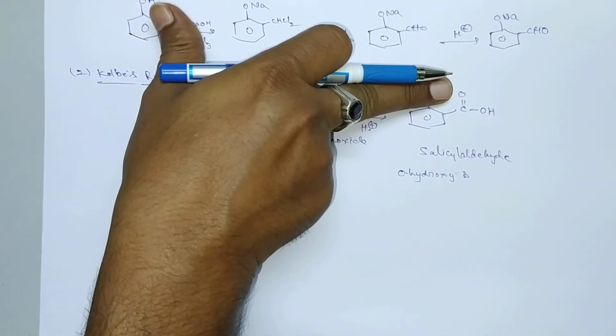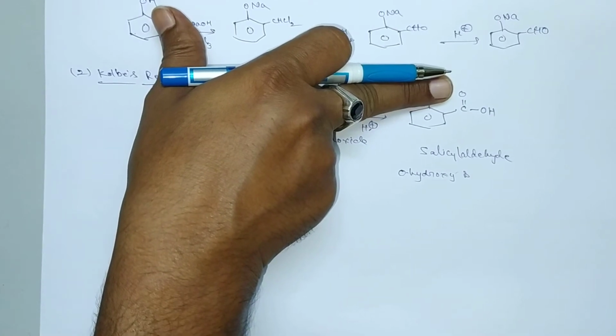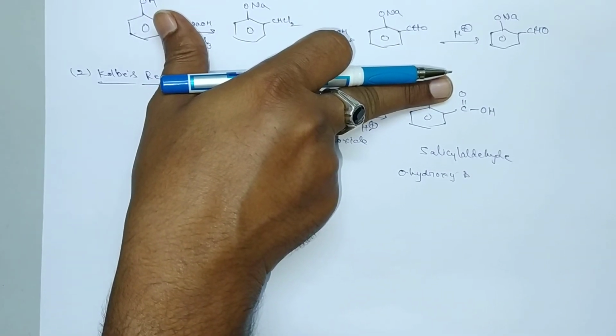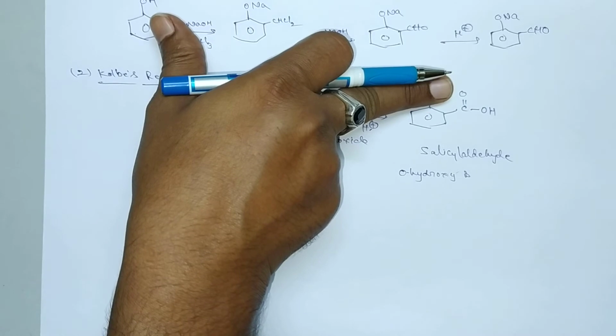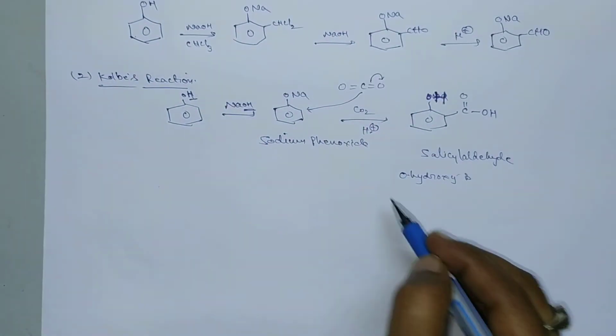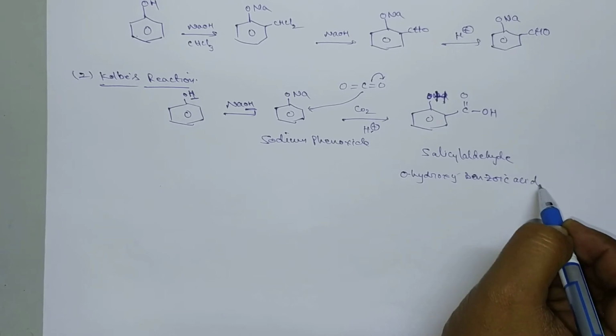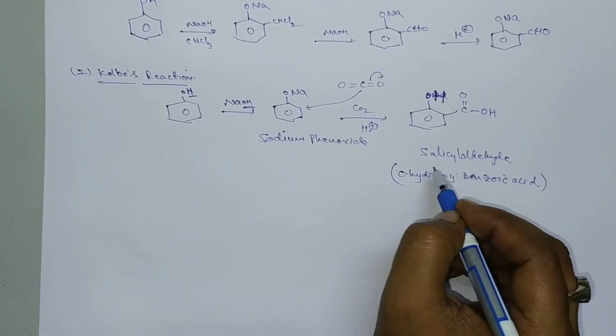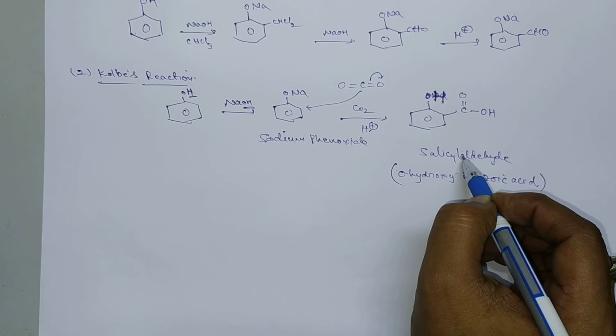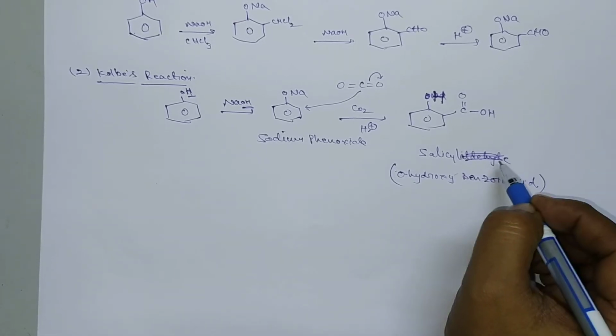If the OH group is not there, that is called benzoic acid. Benzene and COOH is present on the benzene ring. So that's why it is called benzoic acid. So here it is orthohydroxy benzoic acid. Okay, clear? So it is salicylic acid or orthohydroxy benzoic acid.